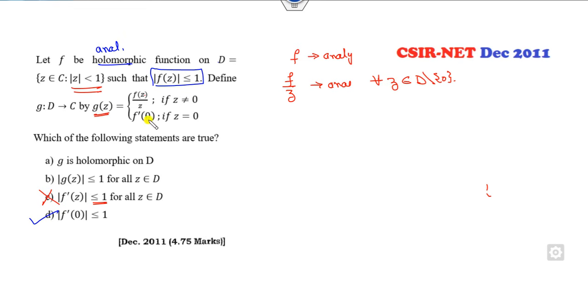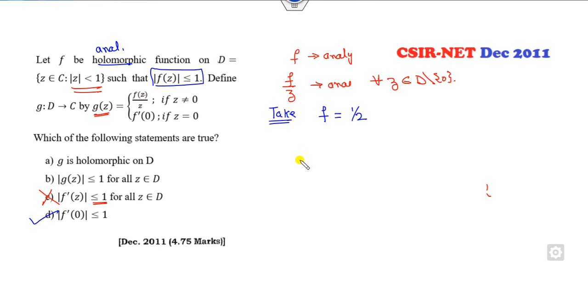Fine. Now again, a very simple way: I can simply take any constant function which satisfies this property, say a, where a is less than 1, I can simply take a as half.